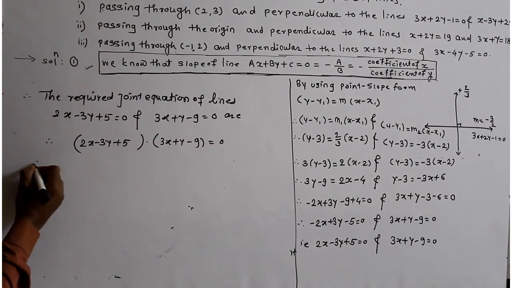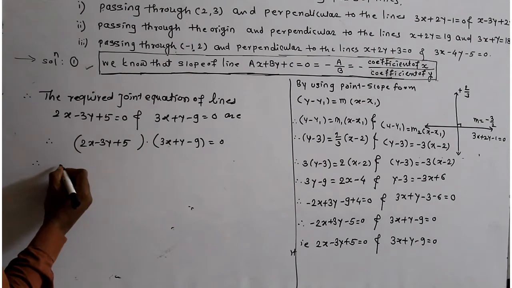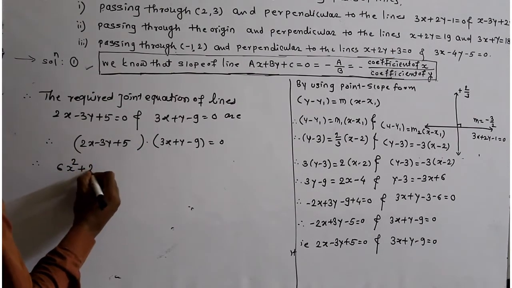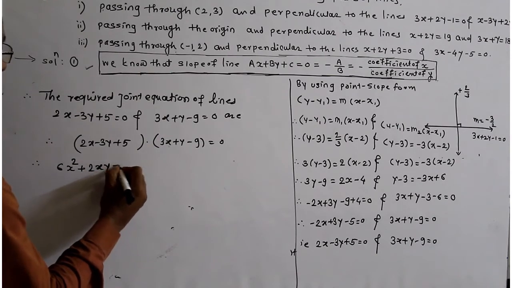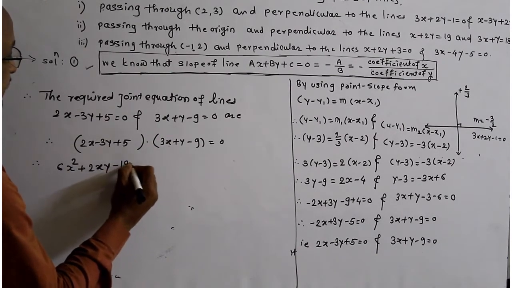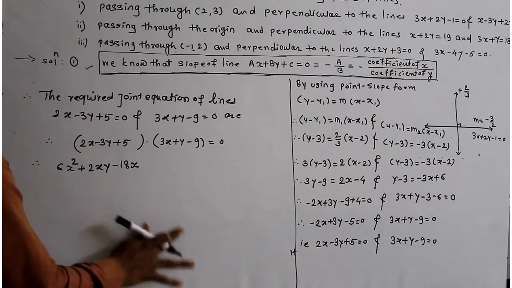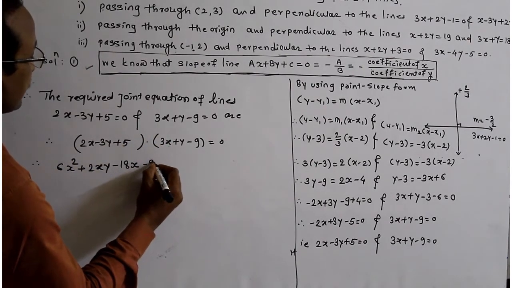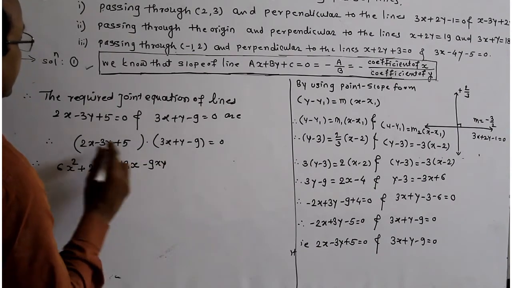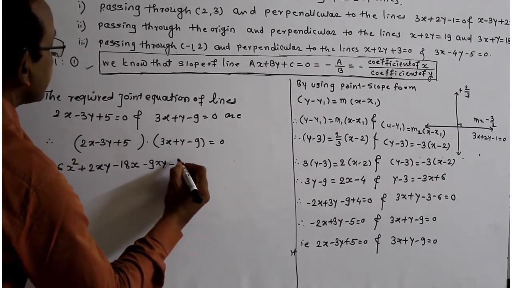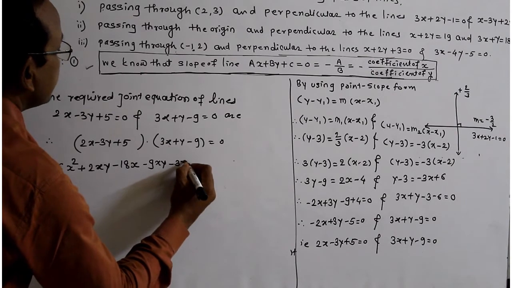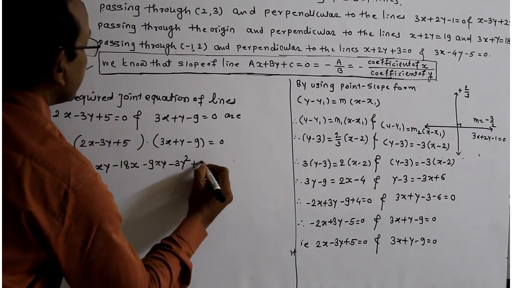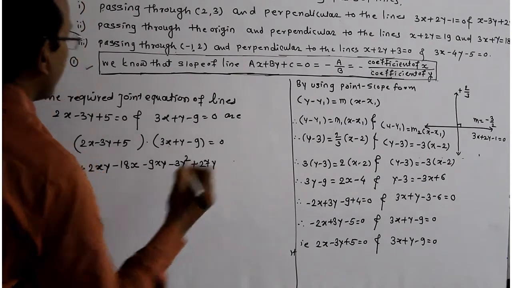Expand this bracket. First multiply by 2x. It is 6x square plus 2xy minus 18x. Now multiply by minus 3y. It is minus 9xy minus 3y square plus 27y.